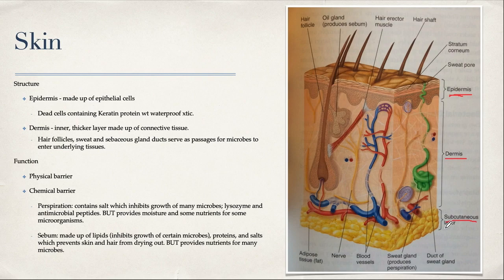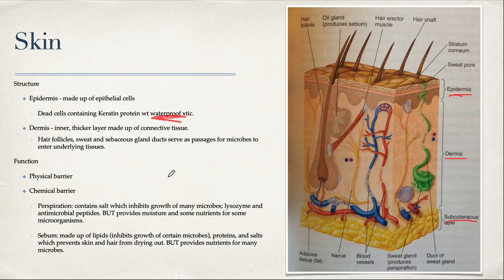The epidermis is made up of dead tissues, and these are tightly packed epithelial cells, and they contain the protein keratin. And one of the important characteristics is that they have a waterproof nature. So they prevent a lot of organisms from accessing the skin, very tightly packed tissues that we have there.